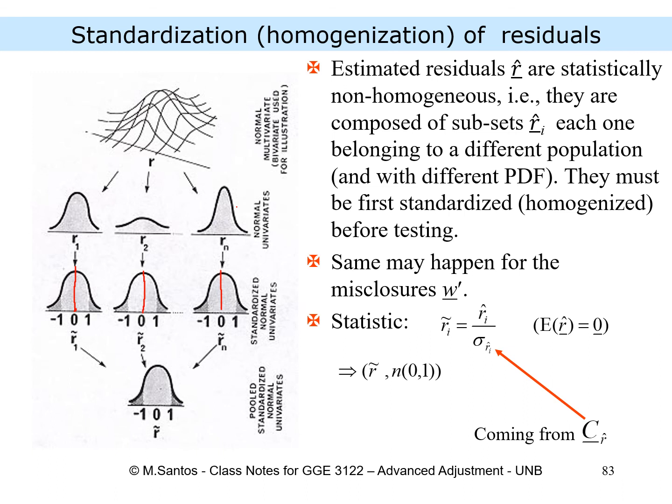Now we have one PDF for the standardized residual, R tilde, which is all the same. This standardization takes place by dividing each one of the residuals by its corresponding standard deviation that comes from the covariance matrix of the estimated residuals.